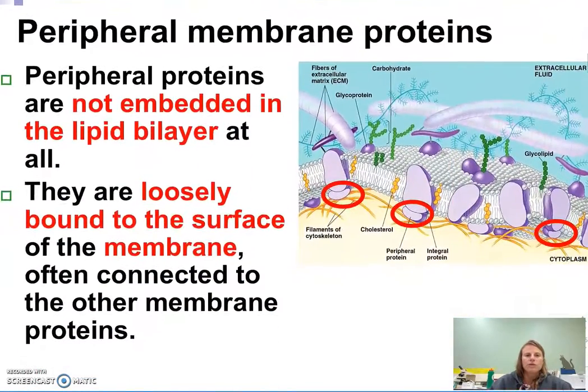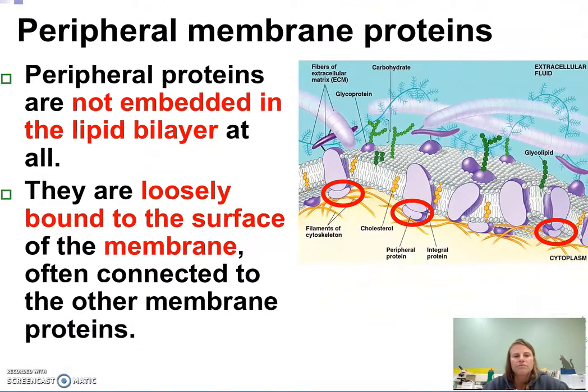So peripheral membrane proteins are not embedded in the lipid bilayer. Instead, they are loosely bound to the surface of the membrane, or they can be connected to other membrane proteins, meaning the integral proteins.